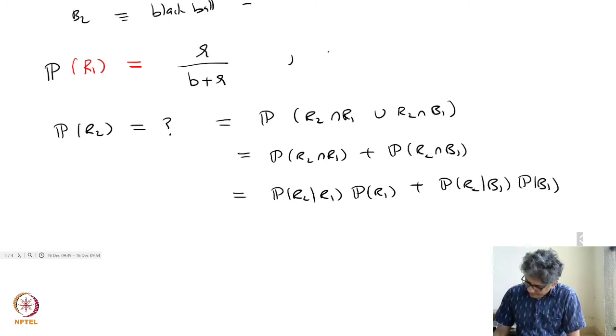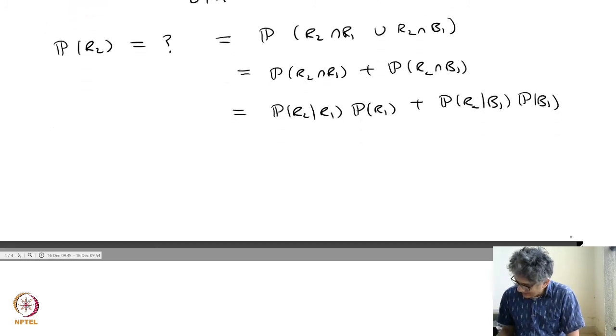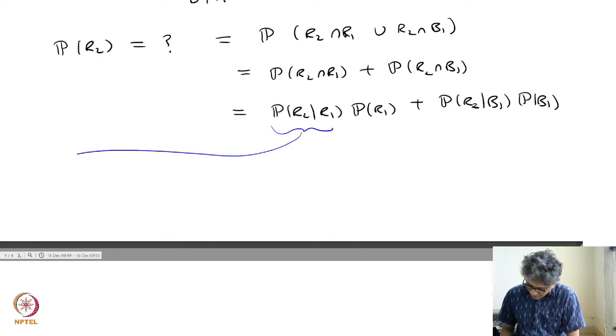So let's go back up here. We know the probability of B1 is going to be equal to B by B plus R. That's easy. Now, what's happened in these two steps? Let's do it in two steps. How do you do the probability of R2 given R1? You've chosen R1, a red ball, in the first draw.